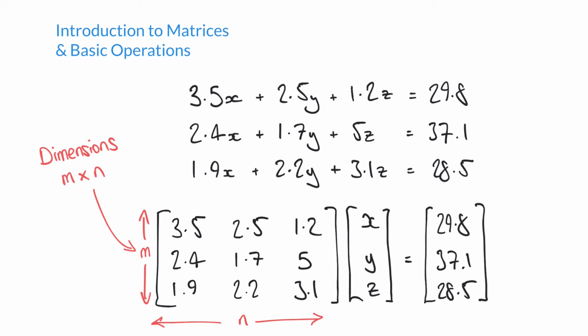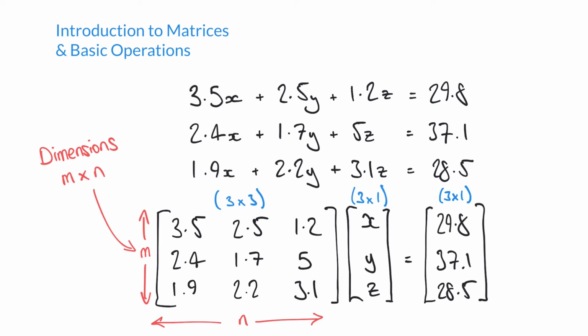So here you can see that the first matrix that we have in our equation here is a 3 by 3 matrix. It has 3 rows and 3 columns. Here we have a 3 by 1 matrix and a 3 by 1 matrix here too.